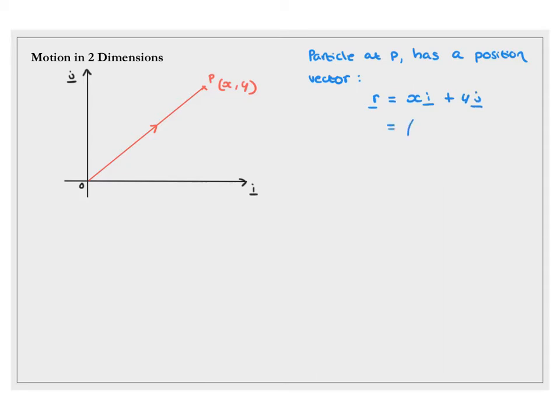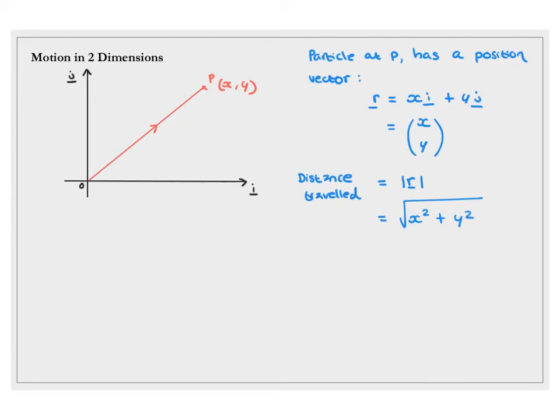You may also be familiar with writing this in the format of a vector (x, y). Now, we can calculate the distance travelled by working out the magnitude of this vector r, which of course we can calculate using Pythagoras' theorem.